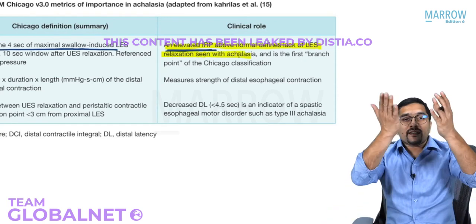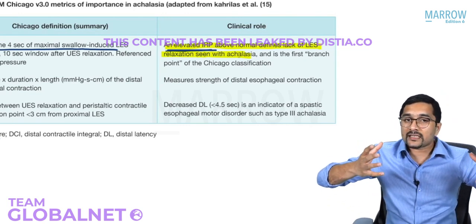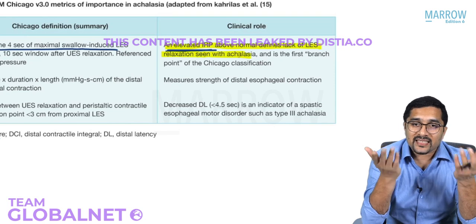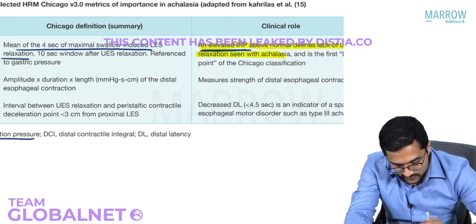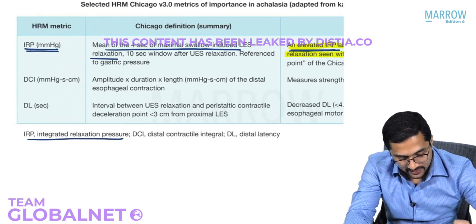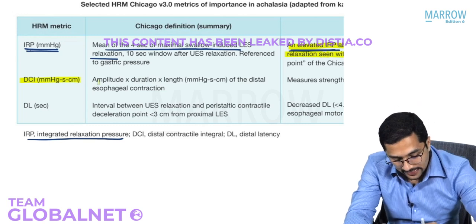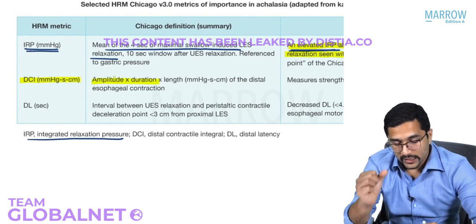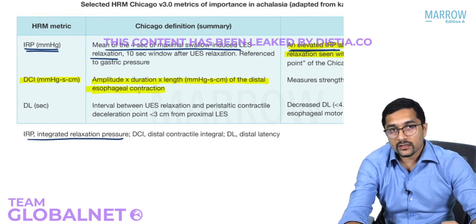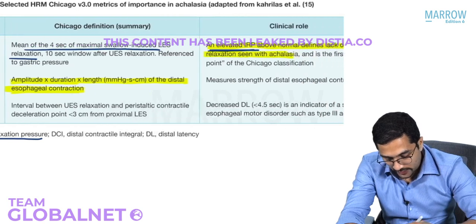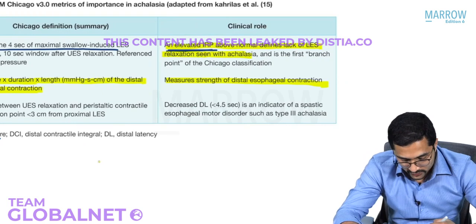And in which condition doesn't it relax? In achalasia cardia. The DCI is the distal contractile index. This tells us the amplitude of contraction into the duration, into the length of the esophageal contraction. So it measures the strength of the distal esophageal contraction.